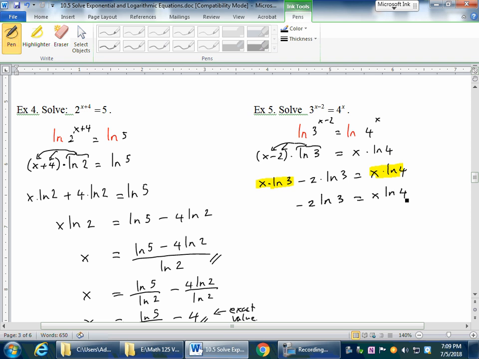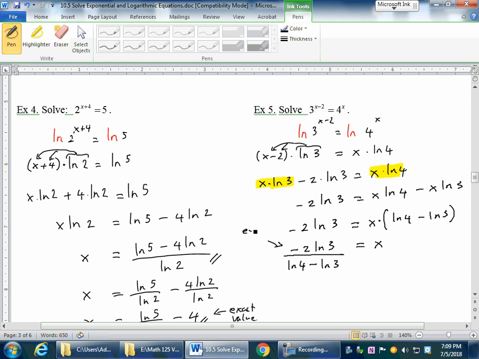So that gives me x ln of 4 minus x ln of 3. And then I will factor out the greatest common factor x. So this will become x times ln of 4 minus ln of 3. And finally, I can divide both sides by this binomial, which is negative 2 ln of 3 divided by ln of 4 minus ln of 3. And this is my exact value.